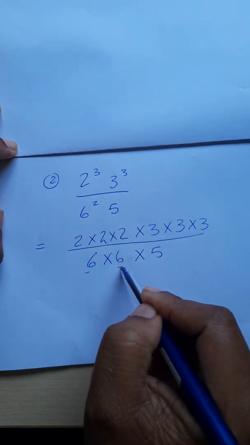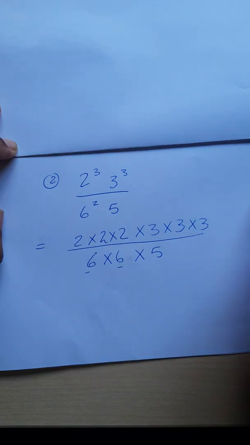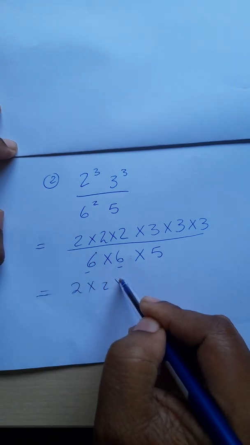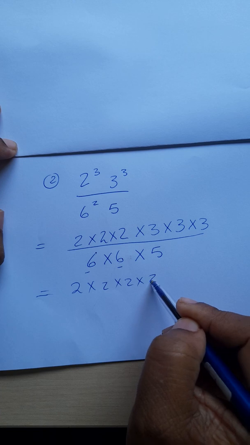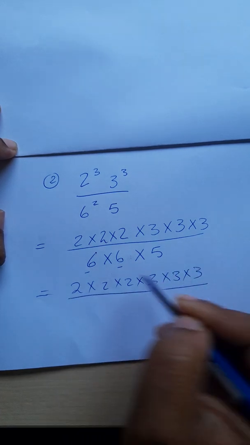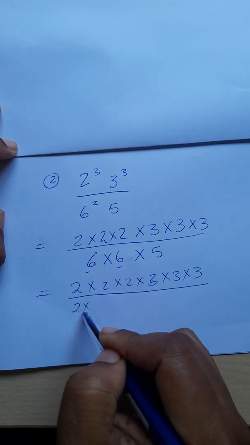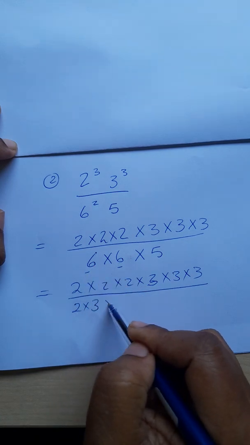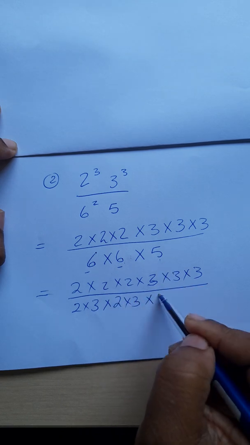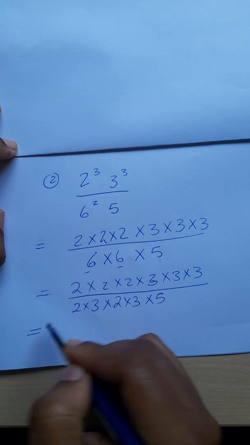But 6 is not a prime number, and we know that 6 is the same as 2 times 3. So you're going to have 2 times 2 times 2, everything at the top stays the same, times 3 times 3 times 3. At the bottom, for the first 6, you have 2 times 3, the second 6, you have 2 times 3, and you have this 5. Now you go further.